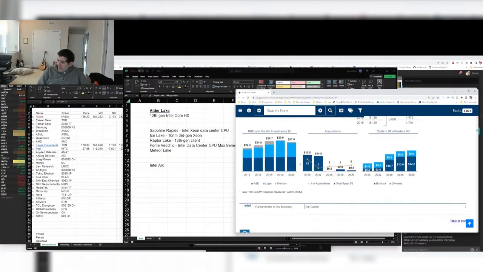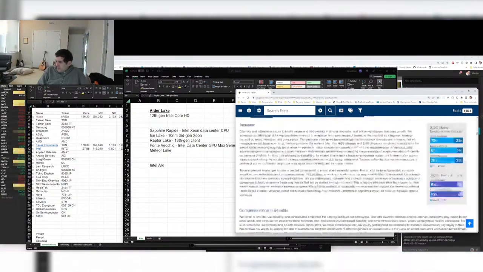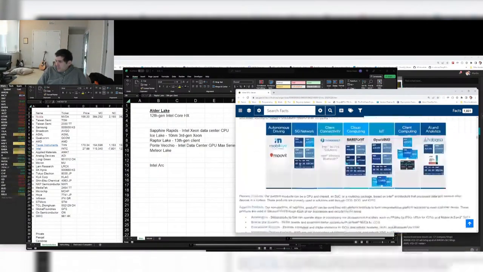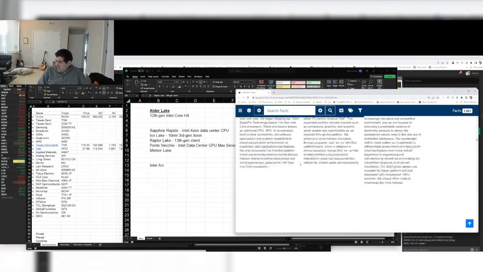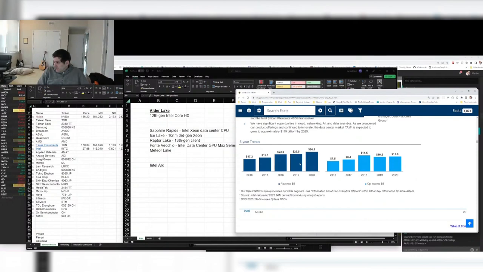They did sell the NAND flash business, so I have to be a little bit careful to make sure that we understand the delta there.